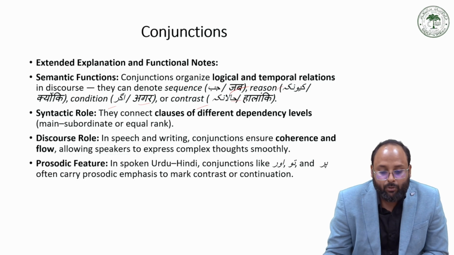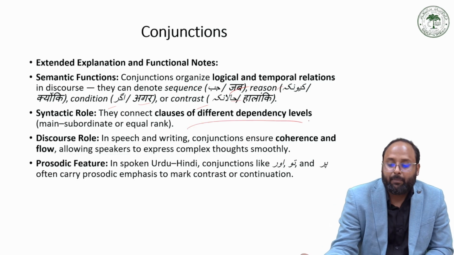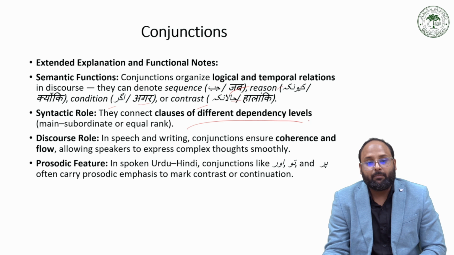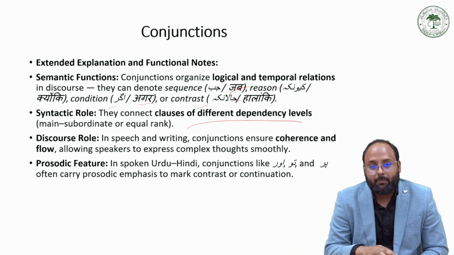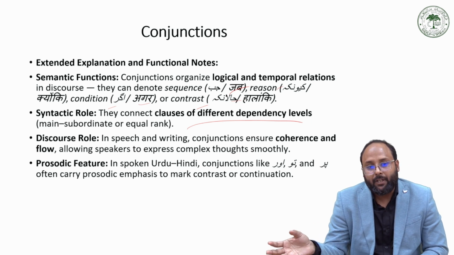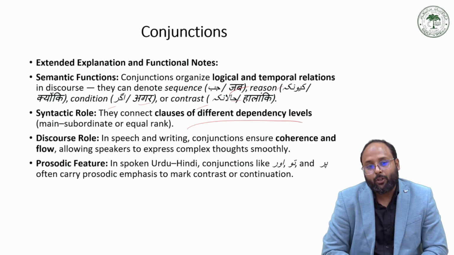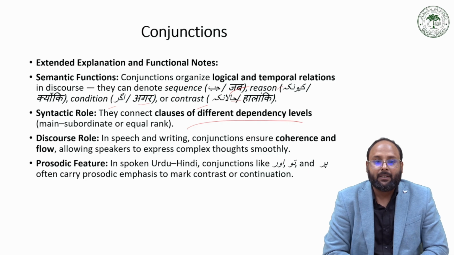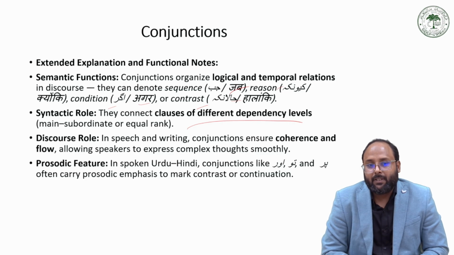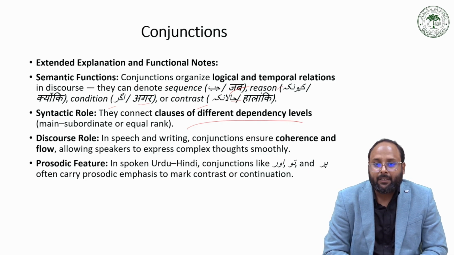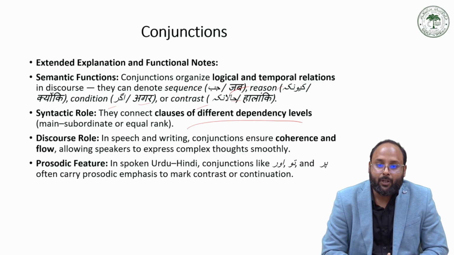And in syntactic roles, they connect clauses of different dependency levels, sometimes with equal rank, sometimes a main clause with a subordinate one, and sometimes two main or independent clauses, with some other connectors. And at the discourse level, in speech and writing, conjunctions ensure coherence and flow, allowing the speaker to express complex thoughts smoothly.